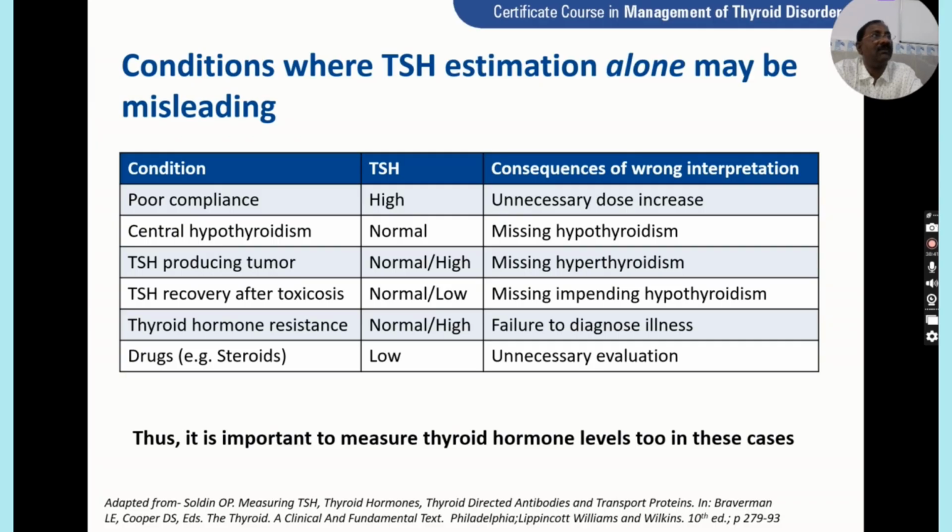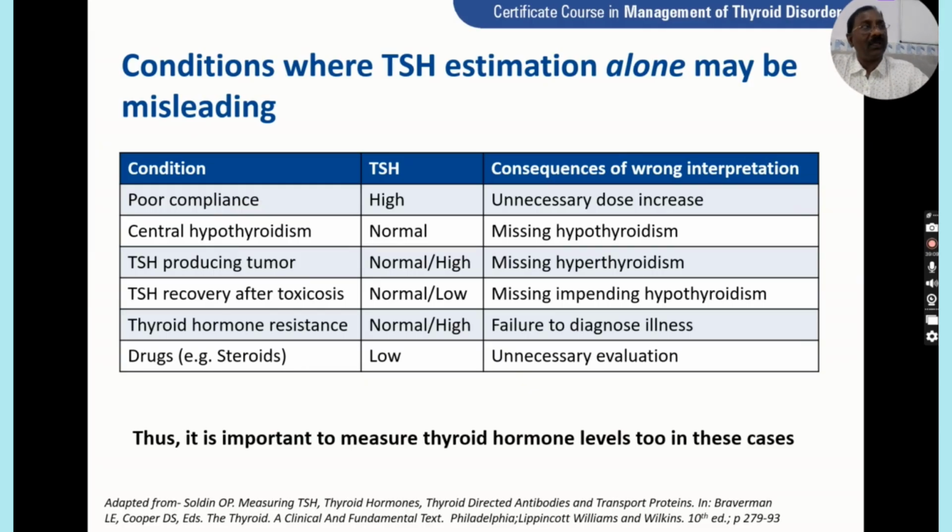So this is very important to avoid unnecessary dose increase. Otherwise, what do you do when the patient is getting 50 mcg of thyroxine, and at the review visit the TSH is elevated, say 20 or 25? Do you increase or decrease? You have to increase it, provided the compliance is good. If the patient has poor compliance, you have to tell them that this is a lifelong disease.